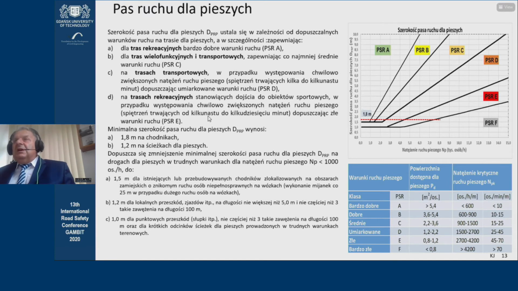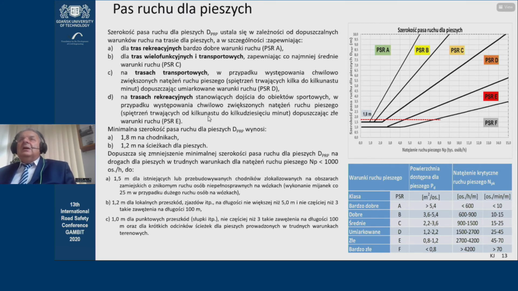So how do we do it? We take 1.8 as a starting point. This is the minimum width. Now, depending on the intensity of pedestrian traffic and the classes of traffic conditions, we calculate. We actually have a formula to calculate the design width. In recreational walkways, the conditions are excellent.